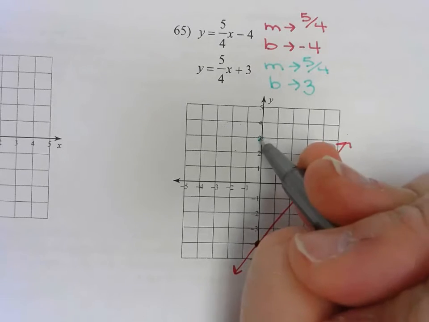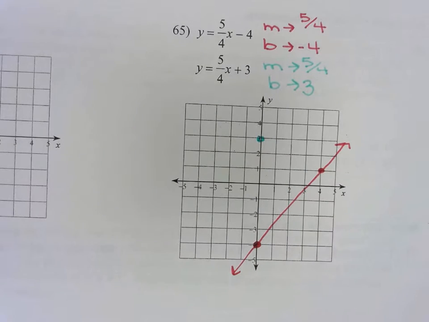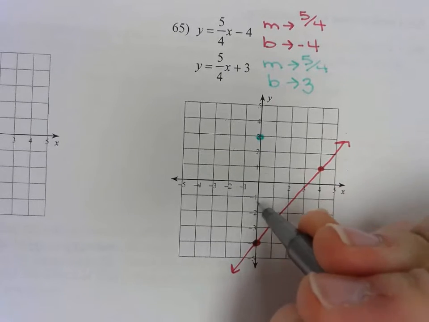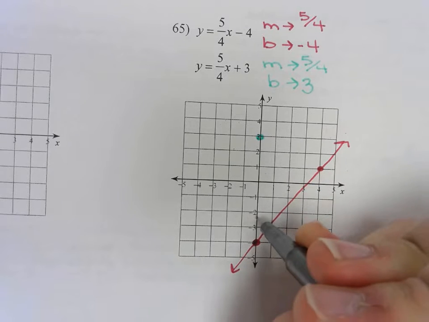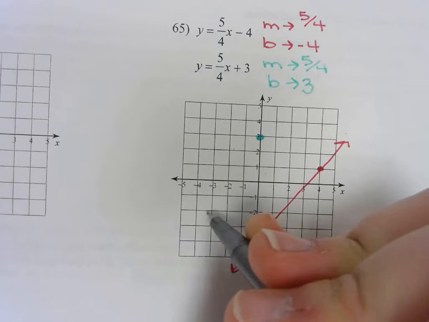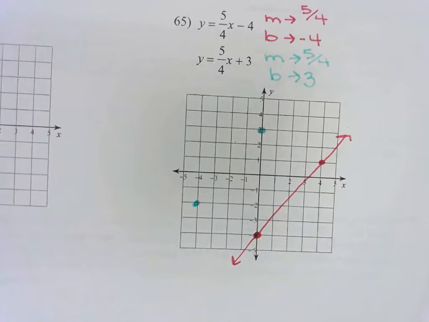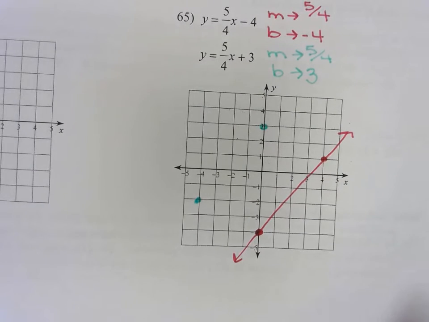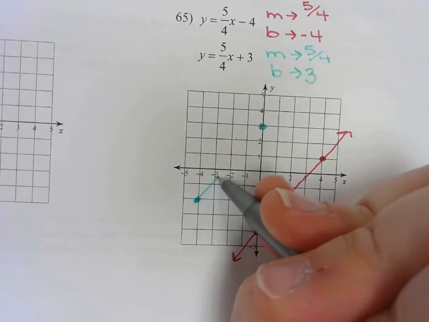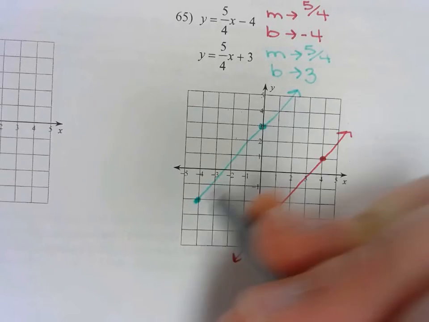So I'm going to go up 3. That's my y-intercept. To get my next point, I'm going to have to do what? 1, 2, 3, 4, 5, and then left 4. 1, 2, 3, 4. Since I can't go up 5, I have to go down 5, but I have to keep it positive, so I have to go left 4.